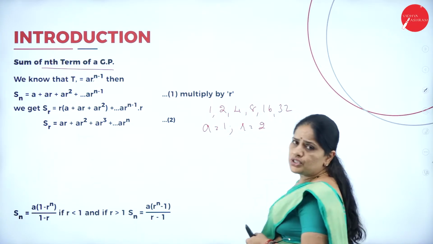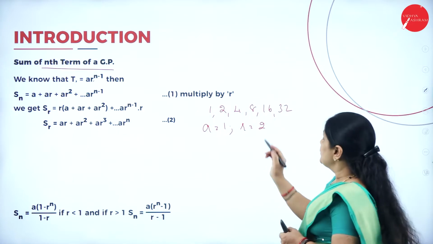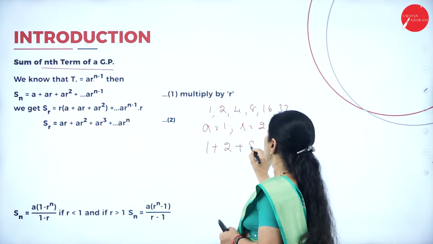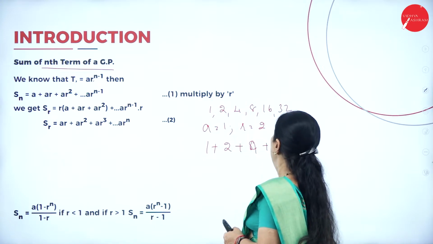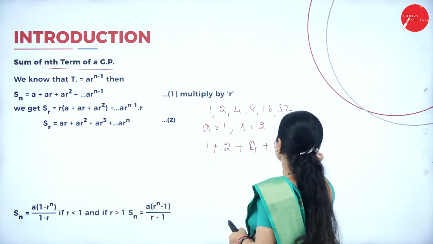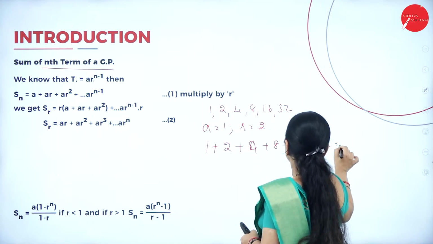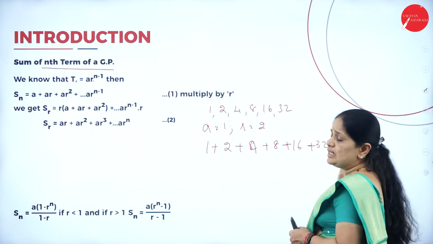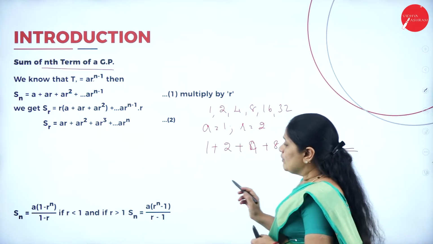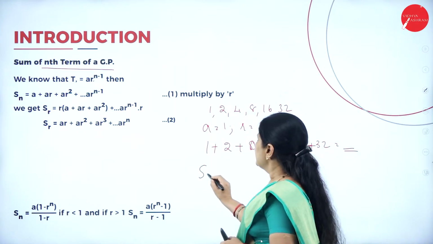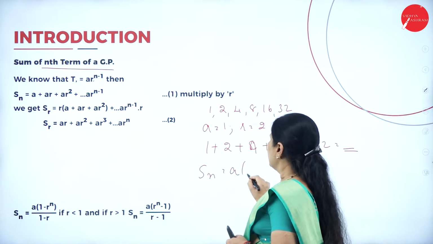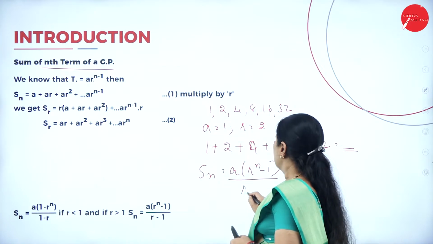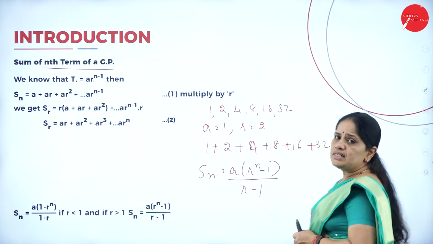R equals 2. Now suppose I have to find the sum of all this. I have to write 1 plus 2 plus 4 plus 8 plus 16 plus 32. Instead of writing all this, I have a formula. What is the formula? Sn equals a into r to the power of n minus 1 divided by r minus 1.